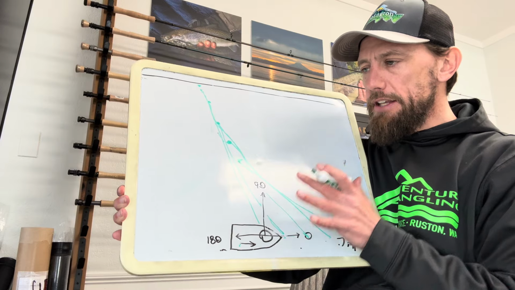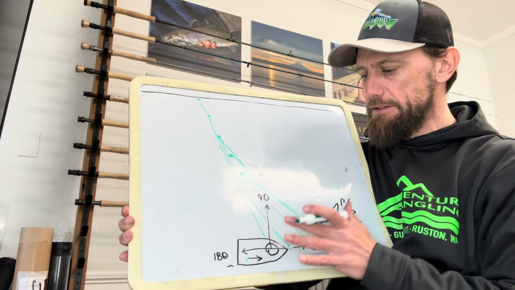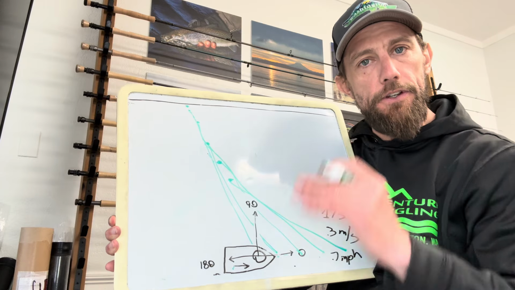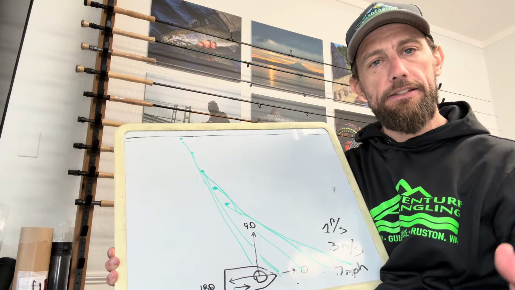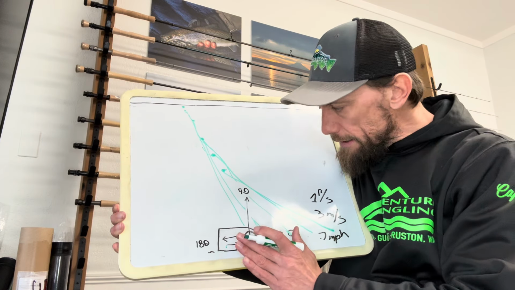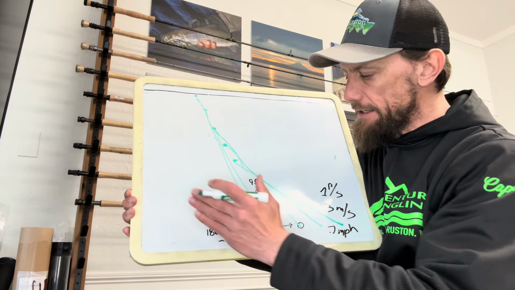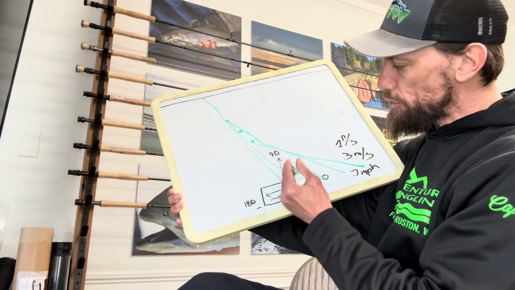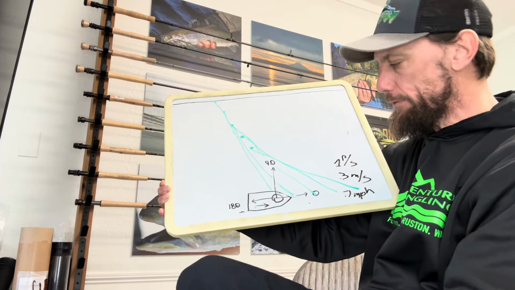I cannot tell you how important it is to maintain an obtuse angle in your casting when you're fishing from a boat in the Sound. If you want line control, when I say an obtuse angle, every cast you make should be slightly behind yourself. What does that mean?